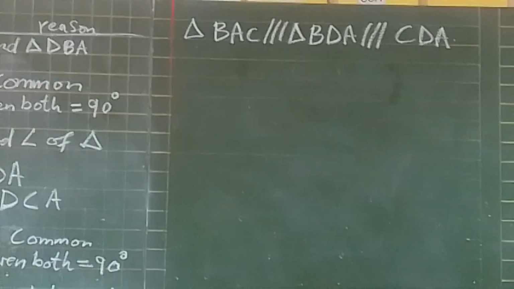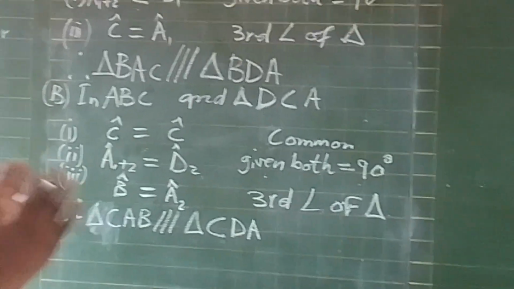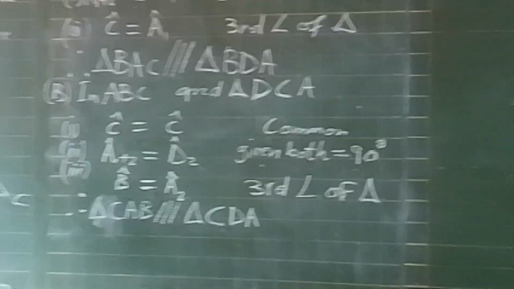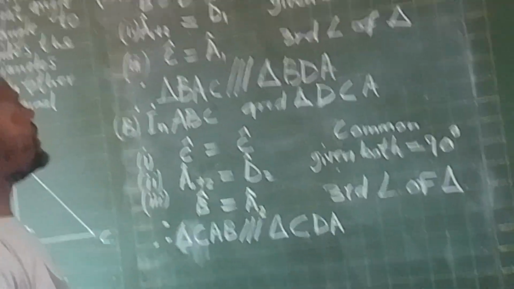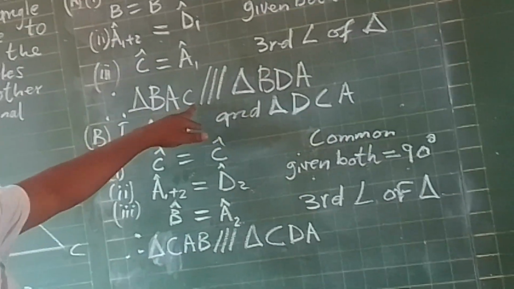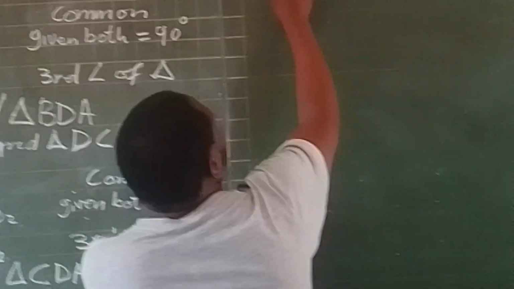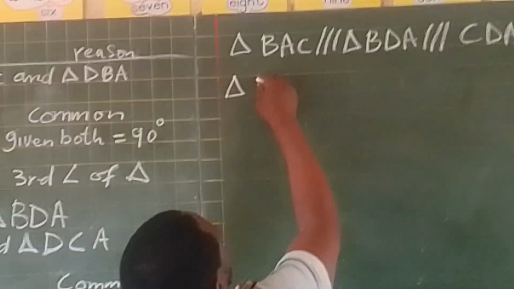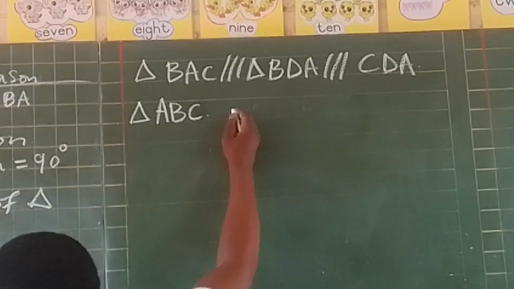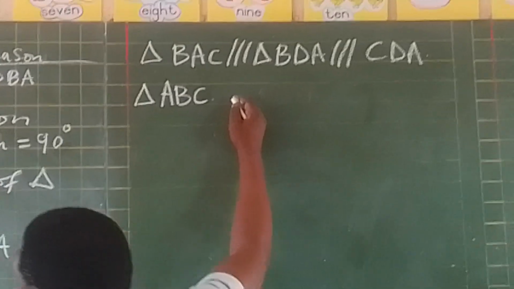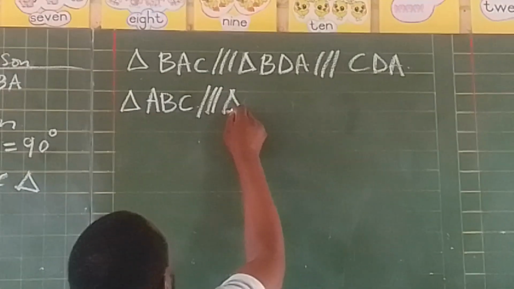Right. This is what I was talking about when I say you must rearrange everything in order. Let's try to arrange this in order. I want it to be written in ABC triangle. Similar to triangle.